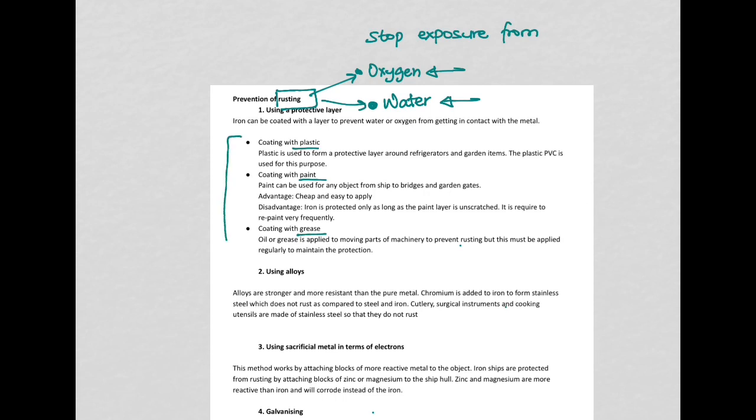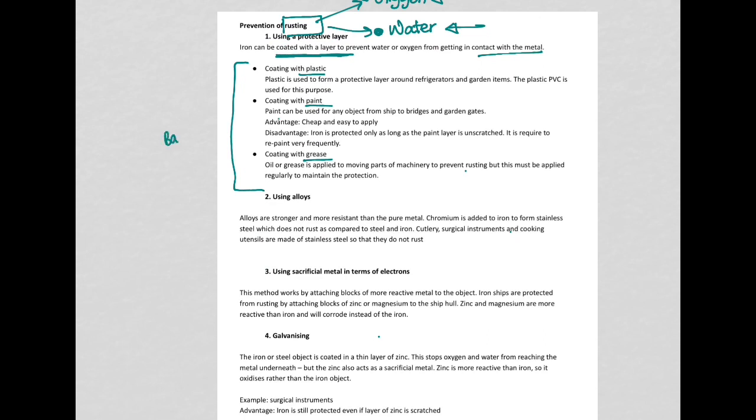All these methods coat the iron with a layer that prevents water and oxygen from getting in contact. This is called the barrier method. Another method is to use alloys instead of pure iron or steel. Alloys are stronger and resistant to corrosion. Chromium and nickel are added to form stainless steel.